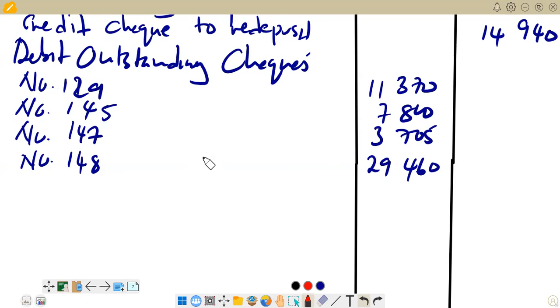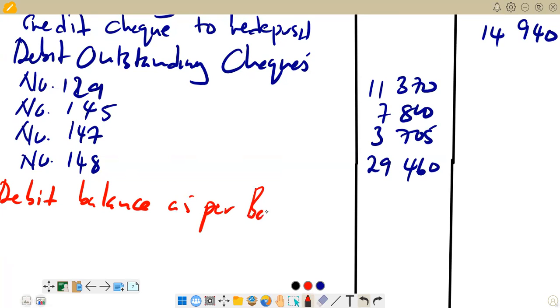The opposite is true in the ledger. The bank account will have a greater total on the debit side, so it's a debit balance in the bank account. So basically here we are saying debit balance as per bank account.